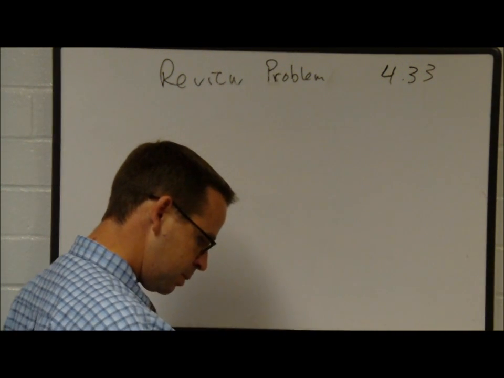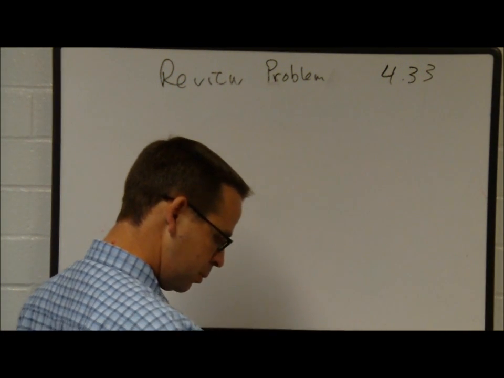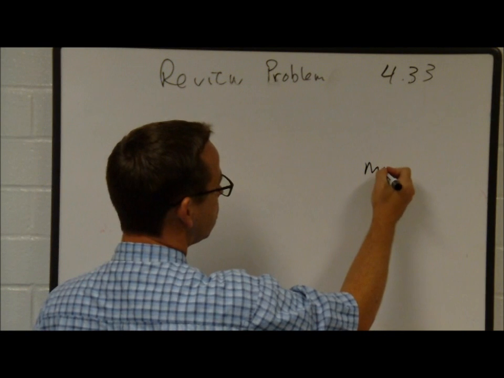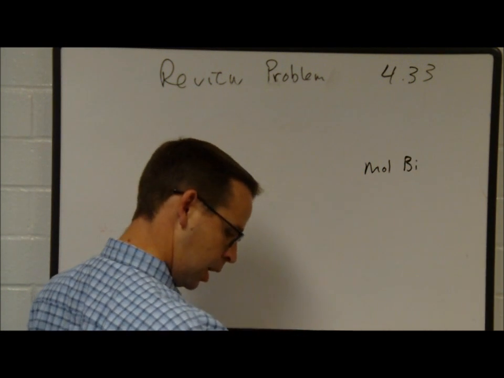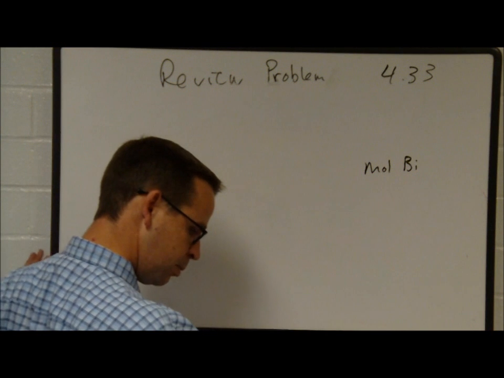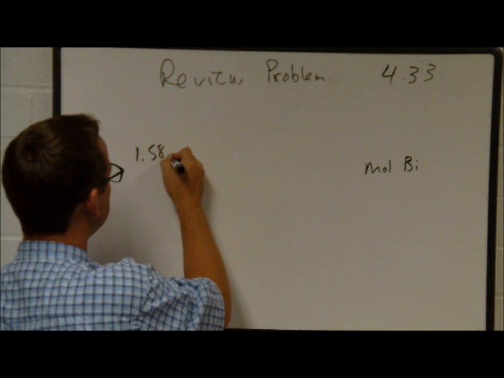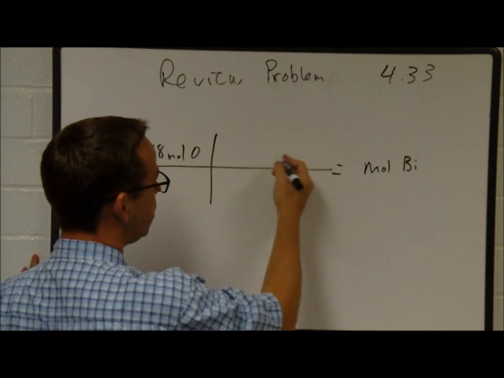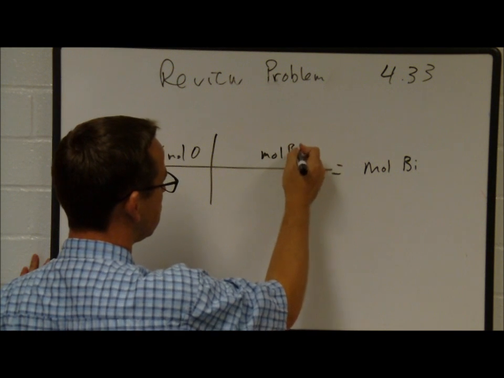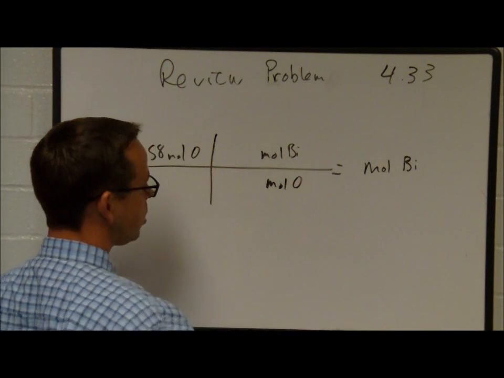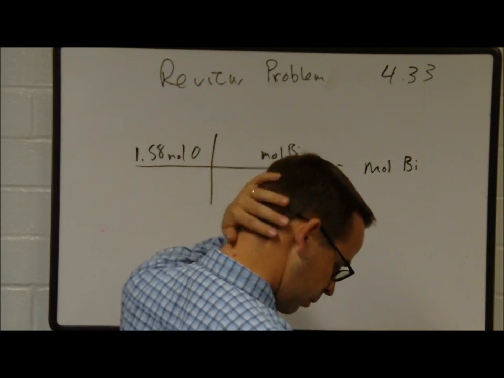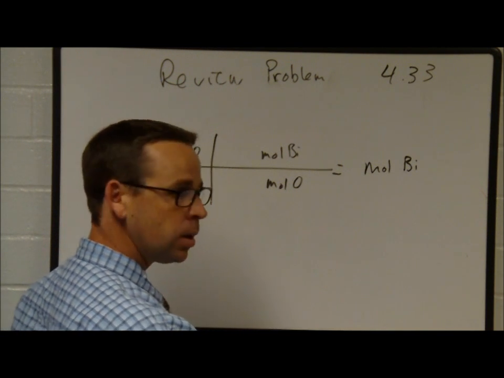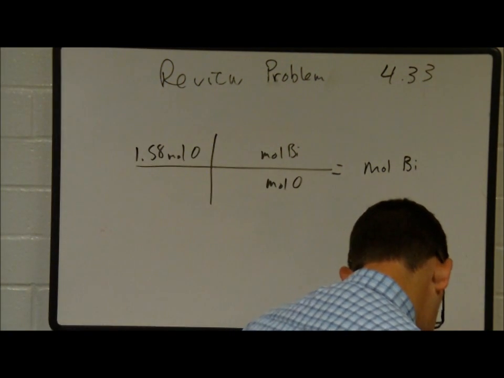433. How many moles of bismuth atoms are needed to combine with 1.58 moles of oxygen atoms to make bismuth oxide? We want to know moles of bismuth. And we've been told that we have 1.58 moles of oxygen. How many moles of bismuth? Well, we need moles of bismuth on top and moles of oxygen on the bottom. So we can know, based on the kind of compound we're forming, which is Bi2O3, bismuth oxide.